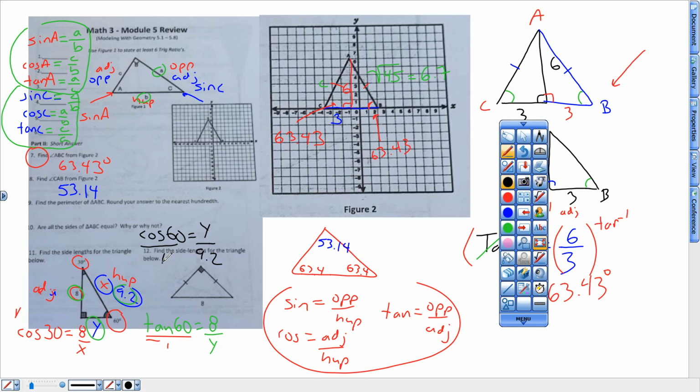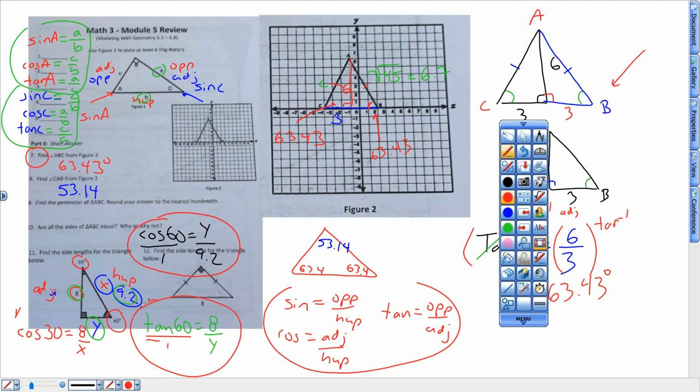Whereas if you use tangent 60, you're going to have to divide 8 by tangent 60. Man, I wish I had more time, ladies, to really go over this whole thing, because I like trig. But no matter what, either using cosine 60, which is adjacent over the number I know now, hypotenuse, or tangent 60, opposite over adjacent, either way, I could solve for y.